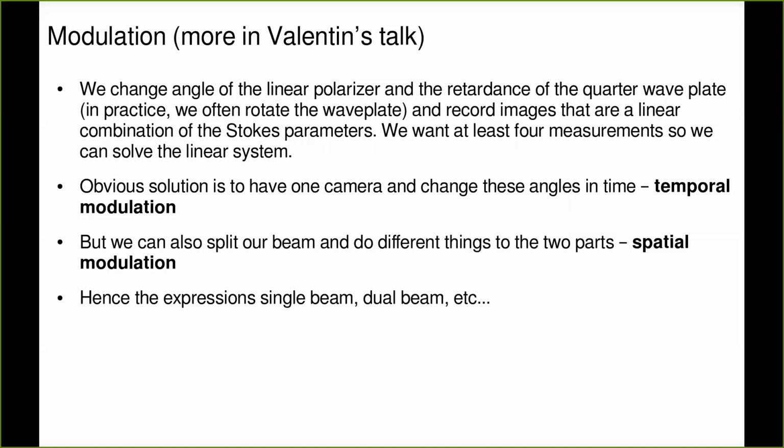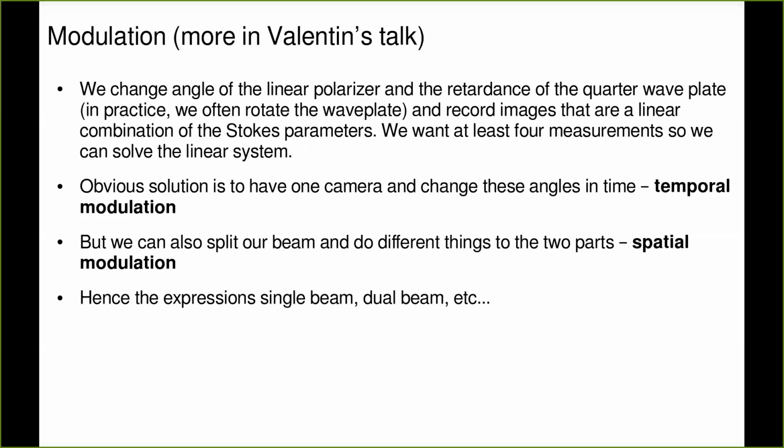To do that, we can either project different modulations in time, so I can make successive images of different modulation states, or I can project them on different cameras or different chunks of my camera, and that is what we call spatial modulation.